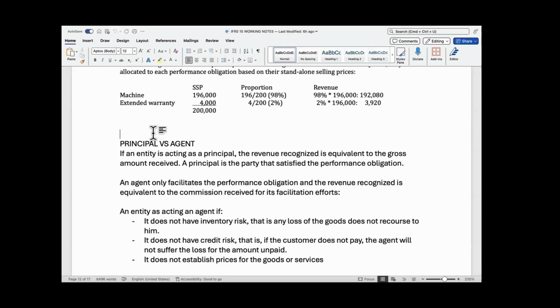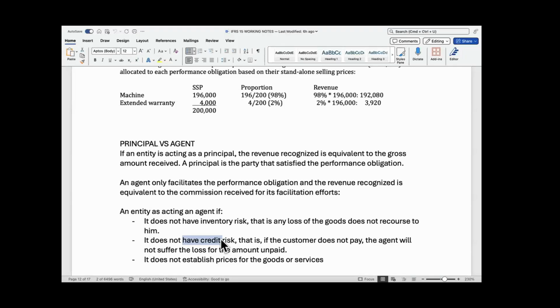If you are acting as an agent, you will not have any inventory risk. It's not like you'll be keeping the inventory. If anything happens to the goods, it is not your loss, it's the loss of the seller. You don't have credit risk. If the customer does not pay, it's not your loss, because you don't own the goods.